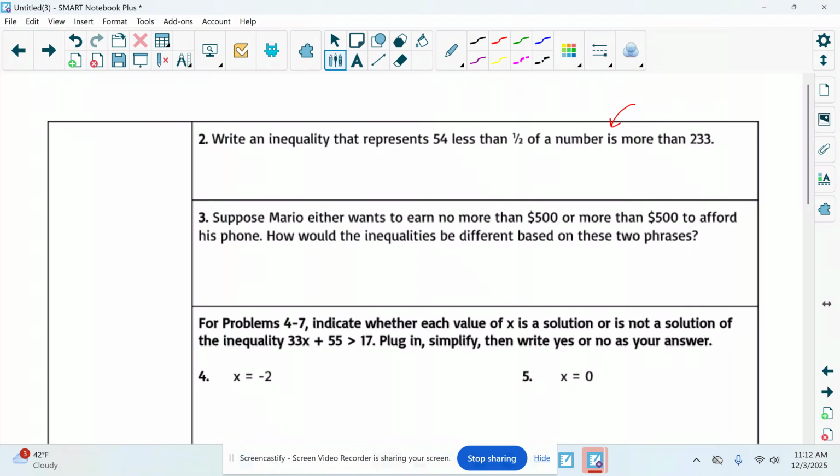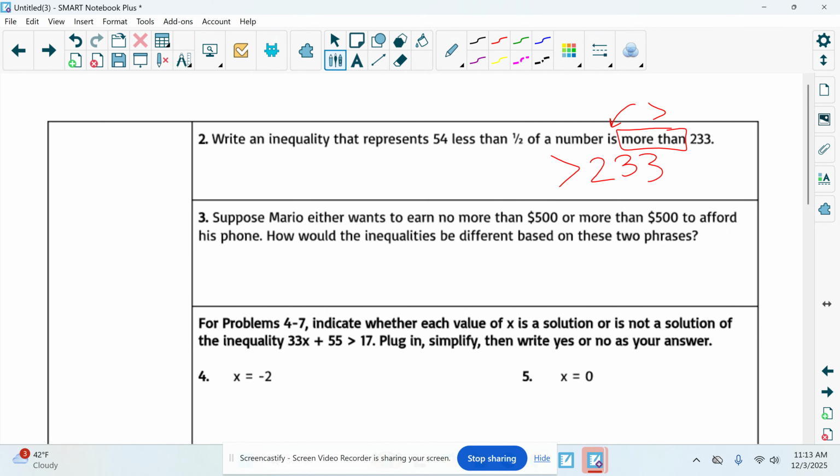That's usually where we put the equal sign. But here they want it to be is more than, so instead of using an equal sign, what are you going to use? Greater than 233. So we know it's going to be greater than 233.